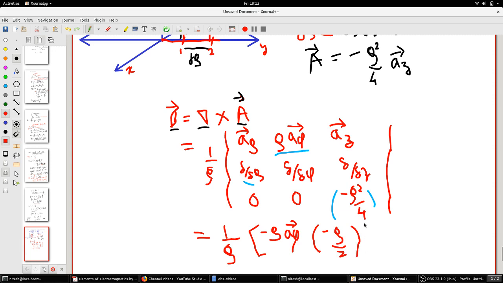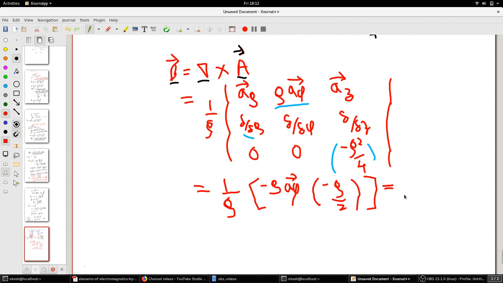When you solve this, you get B equal to rho upon 2 a phi, in Weber per meter square, sorry, meter square.